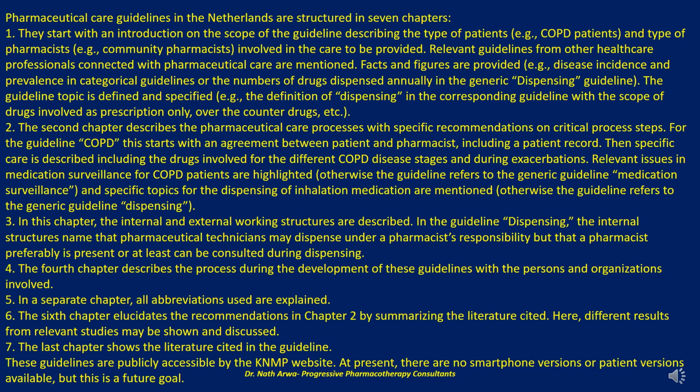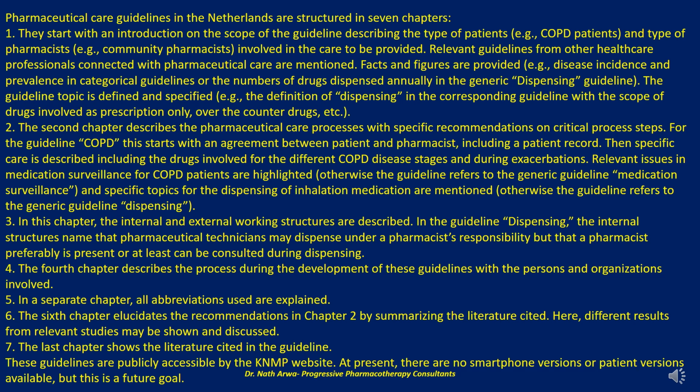2. The second chapter describes the pharmaceutical care processes with specific recommendations on critical process steps. For the guideline chronic obstructive pulmonary disease, this starts with an agreement between patient and pharmacist, including a patient record. Then specific care is described, including the drugs involved for the different chronic obstructive pulmonary disease stages and during exacerbations.